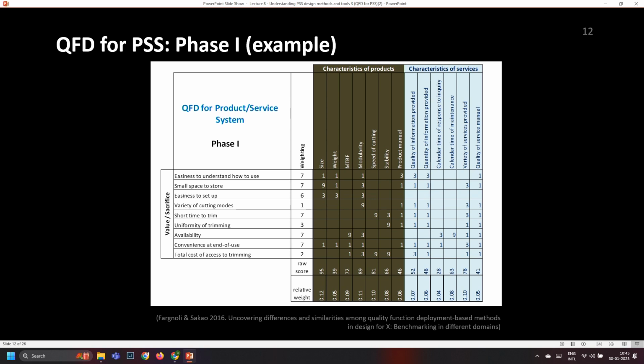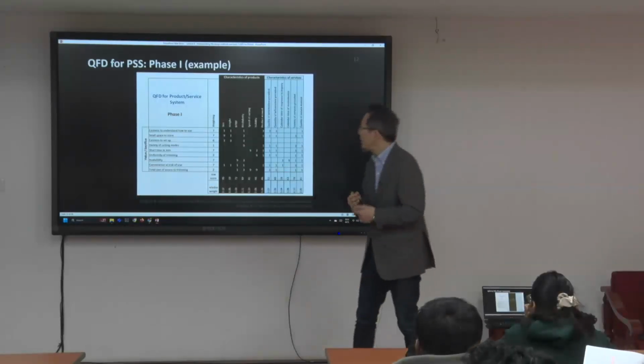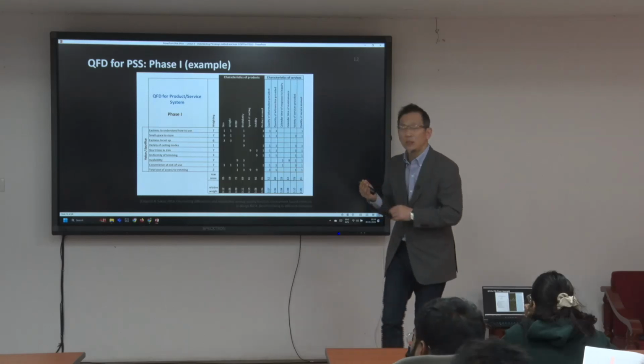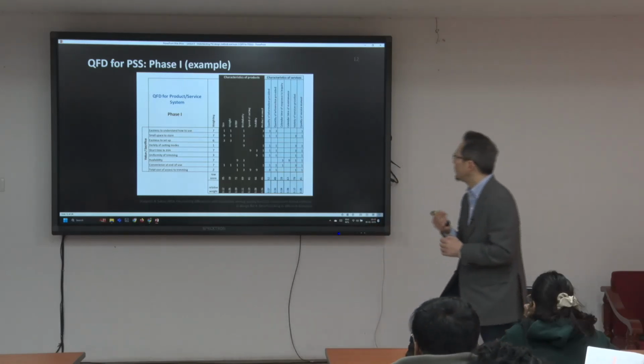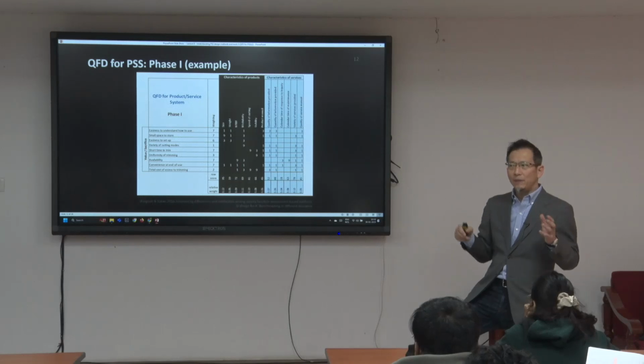Customer value could be easiness to understand how to use the product, small space to store, easiness to set up, variety of cutting modes, short time to trim, uniformity of trimming, availability, convenience at the end of use, and the cost of accessing trimming. Do these make sense as customer value?